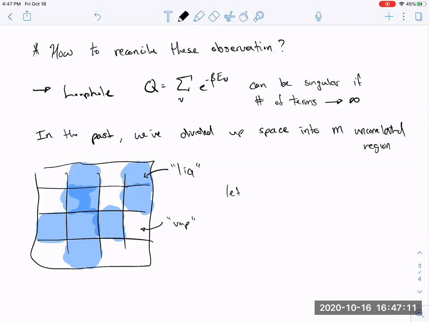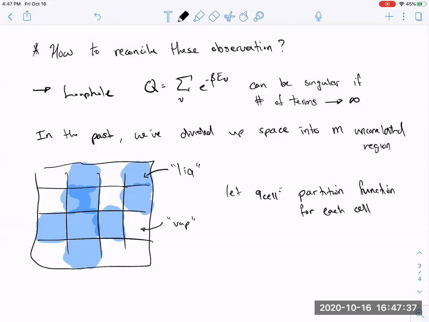Now let Q cell be the partition function for each cell. That cell is finite in extent.